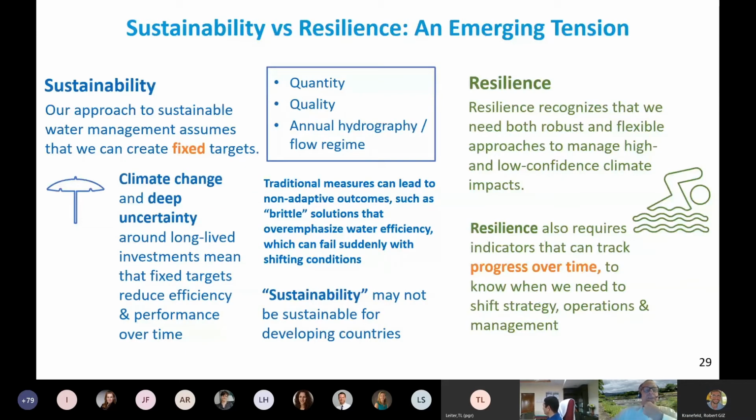So sustainability, as I was saying, we have fixed targets and we're focused on the quantity, the quality, hydrographs, flow regimes, these types of things. That's the traditional engineering way we measure things. And if you look at climate change guidelines, basically you're altering these typical measurement criteria and indicators. But in the case of climate change, we have deep uncertainty, and do these fixed targets lock us into brittle solutions?